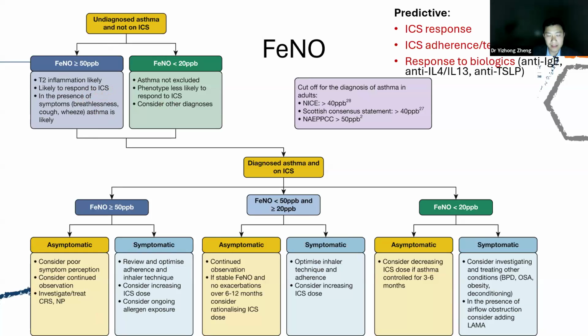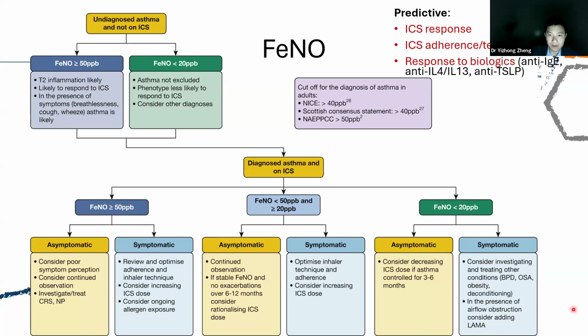FeNO can also aid in treatment decisions in those who already have asthma or COPD asthma overlap, as it can highlight non-adherence or poor technique, or help decide whether to escalate the dose of ICS, or, if it's a low FeNO in a symptomatic patient, whether to consider an alternative diagnosis or treat down a different pathway.